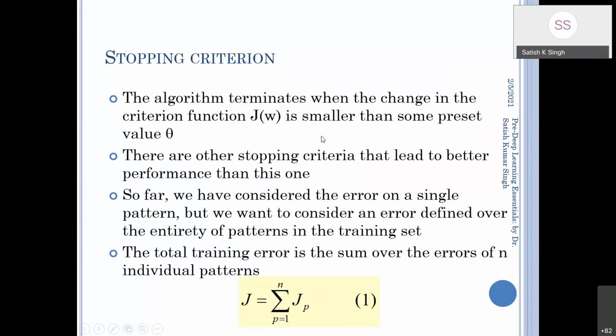If we are changing the weights, then after some time the weights must be fixed, meaning you consider that the machine has learned properly and we should stop the process. Where and how to stop? The algorithm terminates when the change in the criterion function J(w) is smaller than some preset value theta, a predefined value. There are other stopping criteria that lead to better performance than this one.